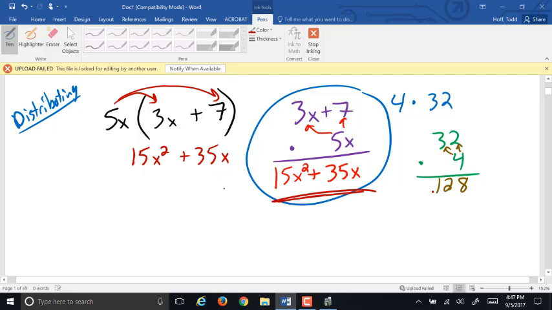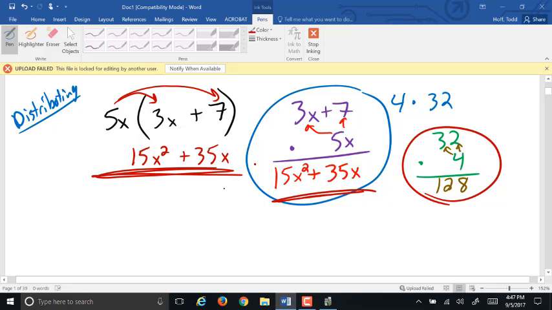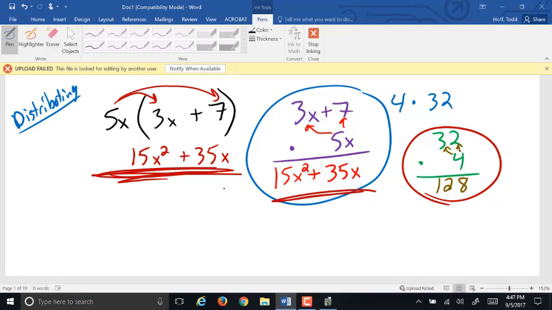Now, to me, this makes more sense because it's the same as the way we would multiply our whole numbers. But I realize this is shorter and a little bit quicker. And if that's the way you were taught and you're good at it, please feel free to keep doing it. You better come up with the same answer either way.